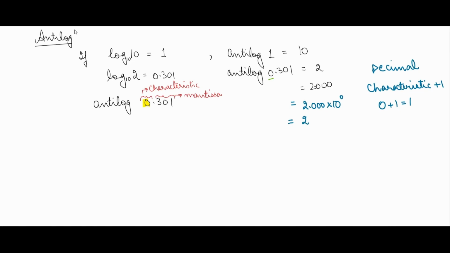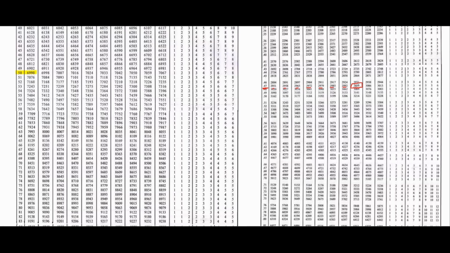I take another example. Say we want to find out anti-log of 2.477. Again, 2 for us is the characteristic. So we will look for 0.477 in the log table. When you look at 0.47 under 7, the value is 2999.